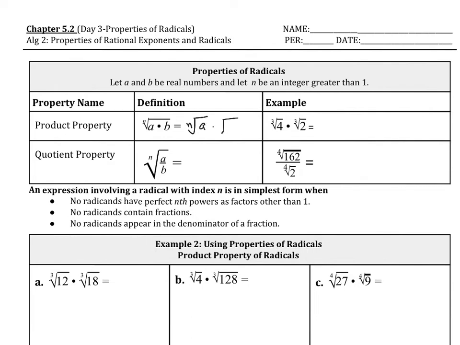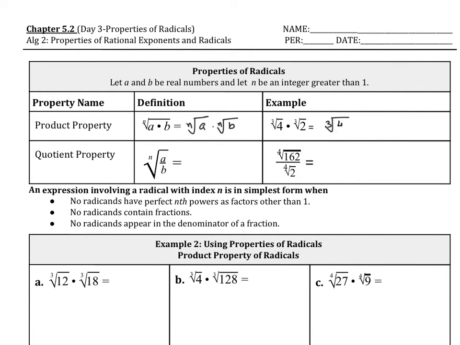So it's going to be nth root of A times nth root of B, and similarly you can combine two radical symbols into one radical symbol.